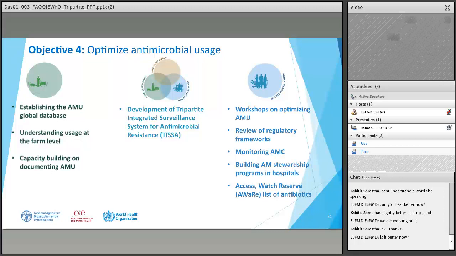The primary purpose of doing all these things is for this data to be used by countries, because usually we collect a lot of data, and we think that this data is collected just to be reported to international organizations like WHO, FAO, OIE.